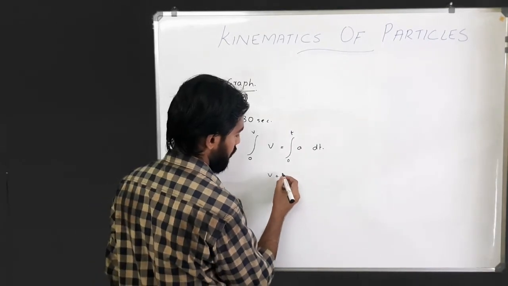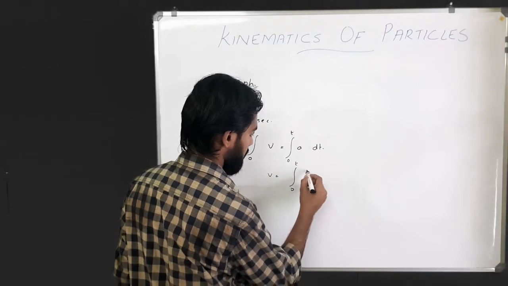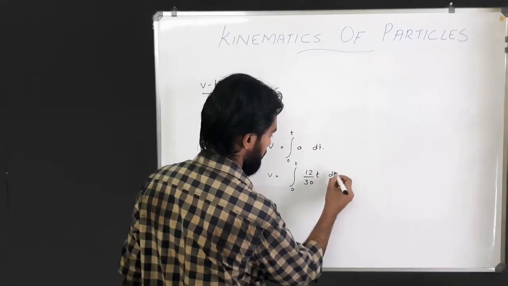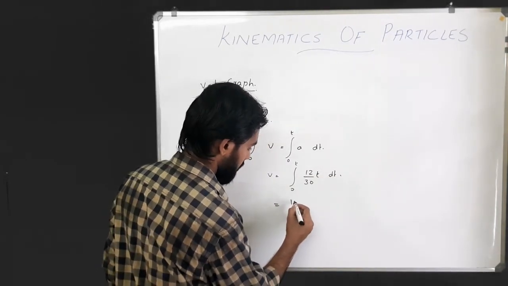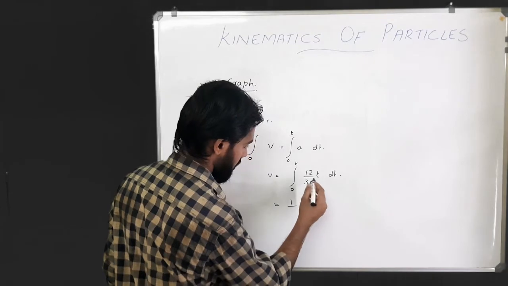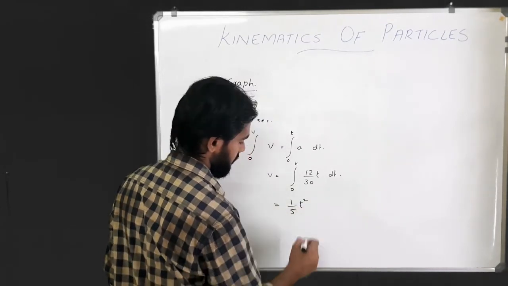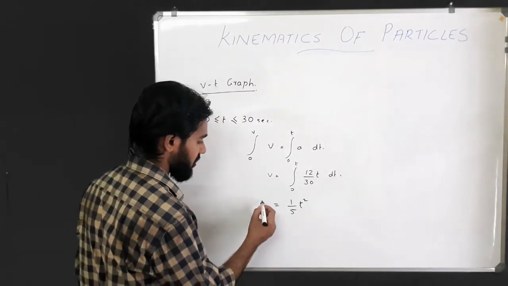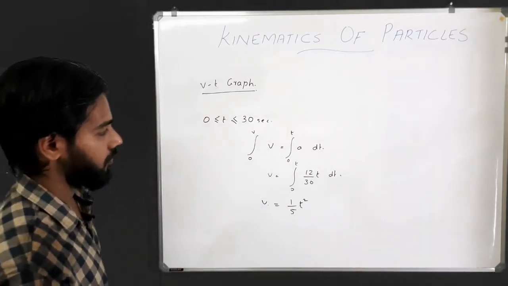So v is equal to the integral from 0 to t of 12 by 30 t dt. This will give me 1 by 5 t square. So velocity v during the first stage is 1 by 5 t square.